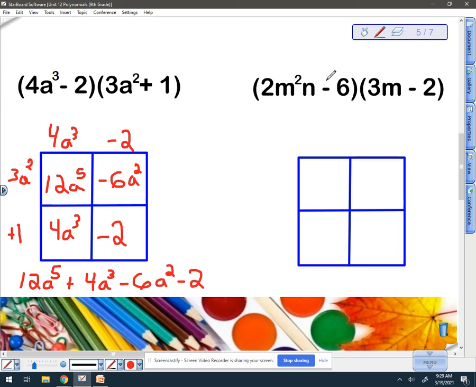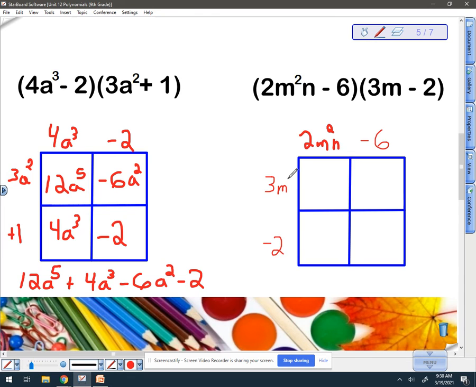We're going to break this one apart. So 2m to the second n, and I'm going to make this thinner so you can read it a little bit better. And that's minus 6. And then going down the side, 3m and a minus 2, so negative 2.